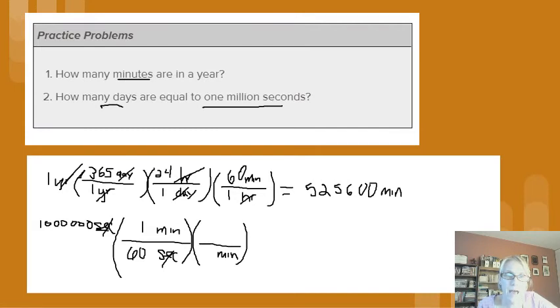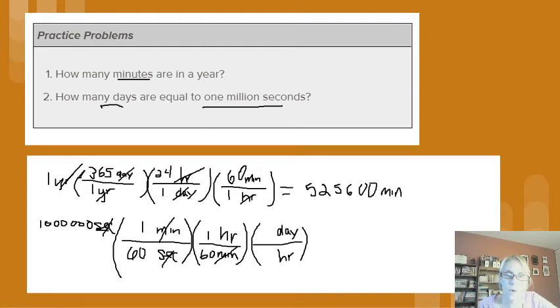And now I know that minutes, let's see, I need to get to days, but I know that there are 60 minutes in an hour. All right, so now minutes crosses out and I'm at hours. And then finally, I can add my hours in here. And I can do hours to days.